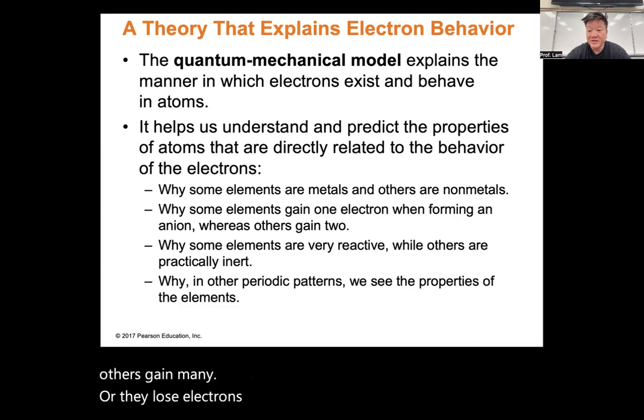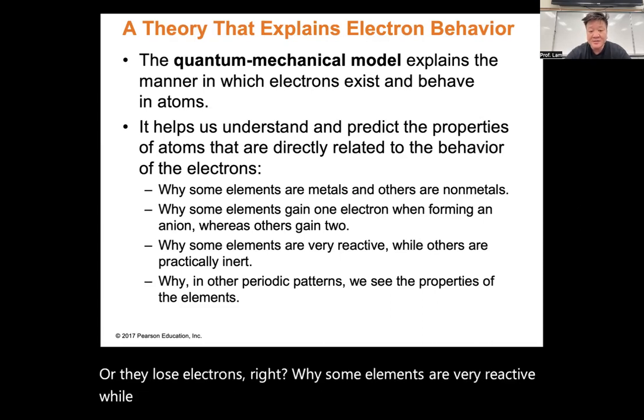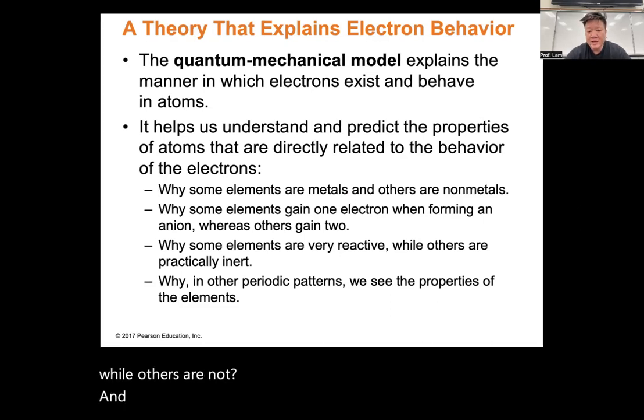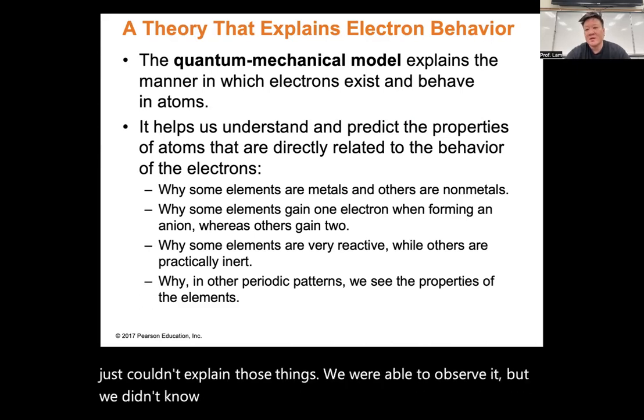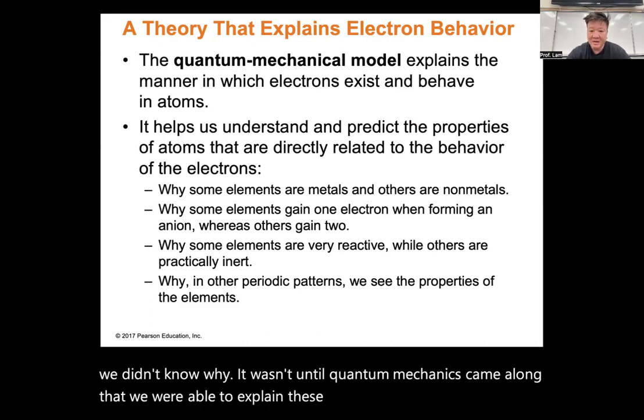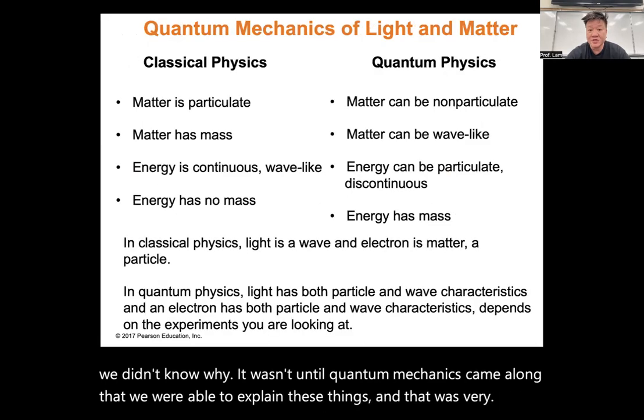Why some elements are very reactive while others are not. And then why do we see certain periodic patterns that we do? We just couldn't explain those things. We were able to observe it, but we didn't know why. It wasn't until quantum mechanics came along that we were able to explain these things. And that was very, you know, revolutionary.